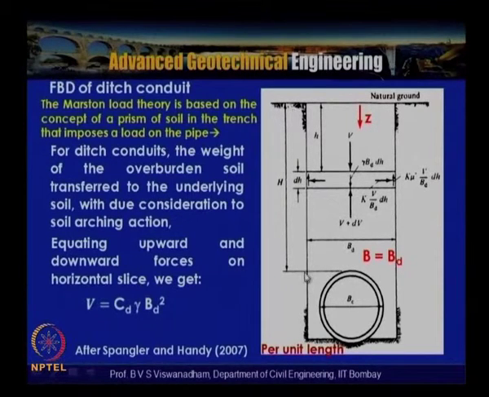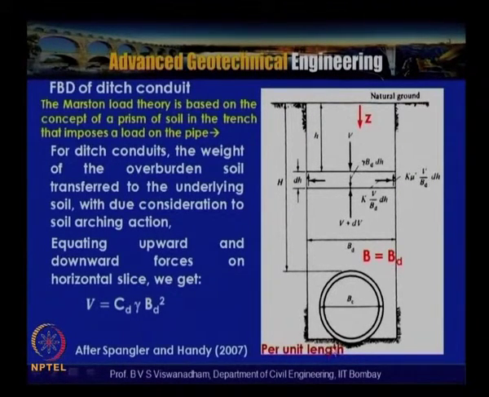So H is the height above the center of the pipe, and B equals Bd. These are the side wall prisms, and this is the portion of the soil within the prism which is above the pipe.